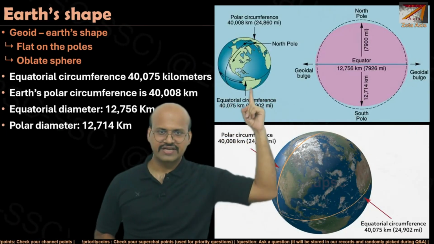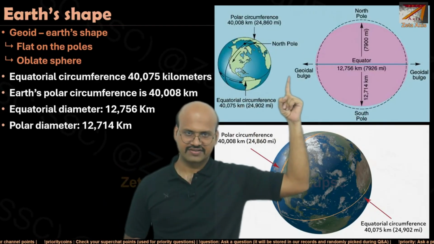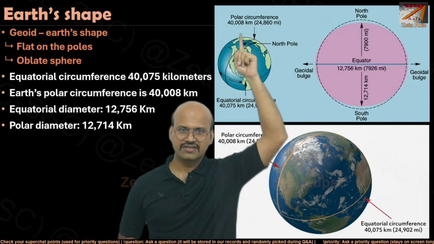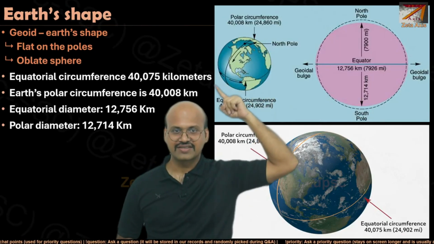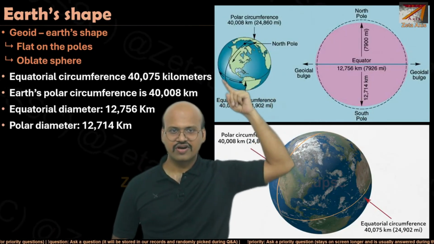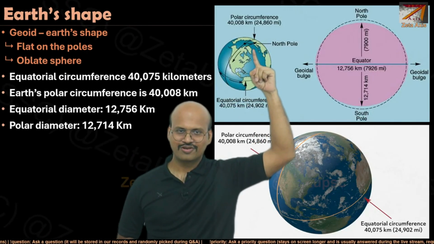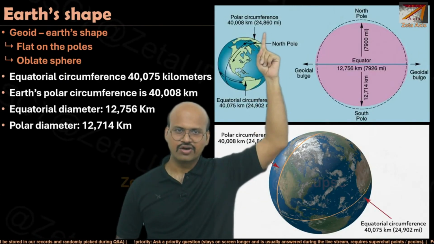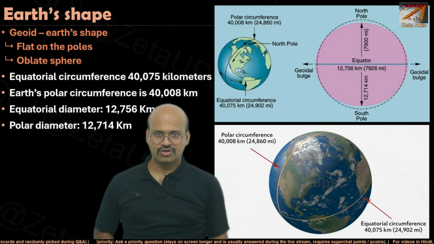Therefore, if you see the equatorial circumference, this is the circumference around the equator, while this is the polar circumference, that is, the circumference along a longitude. We will see that the equatorial circumference is slightly larger than the polar circumference. So do keep this in mind.